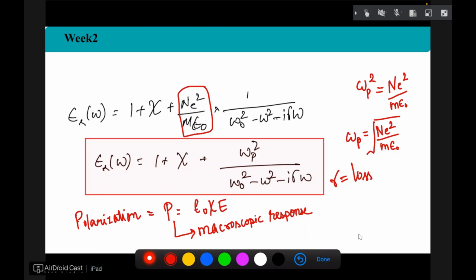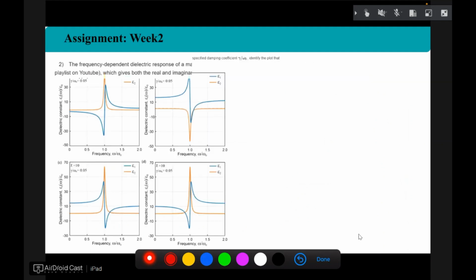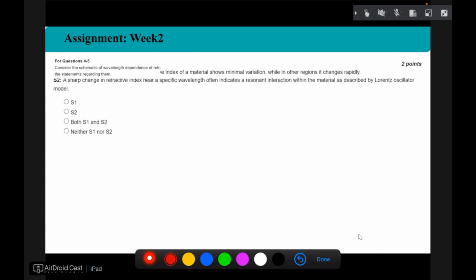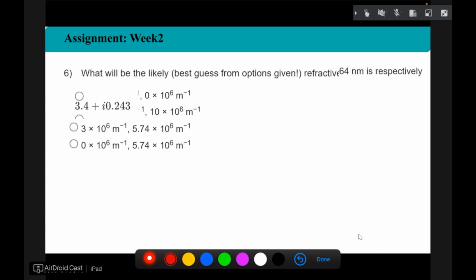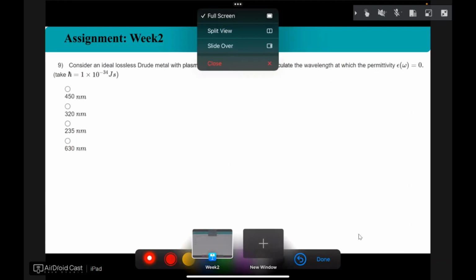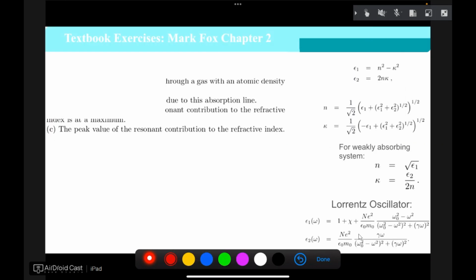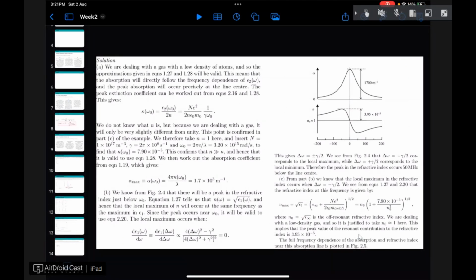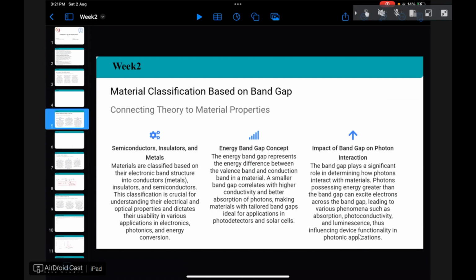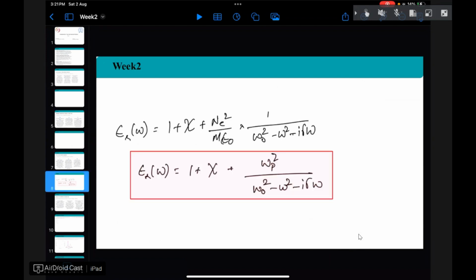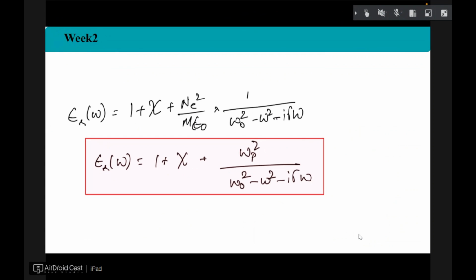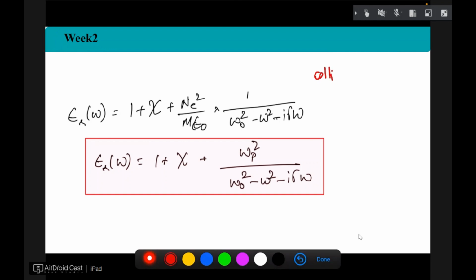And how can we define this? Collision time is equal to 1 upon gamma.